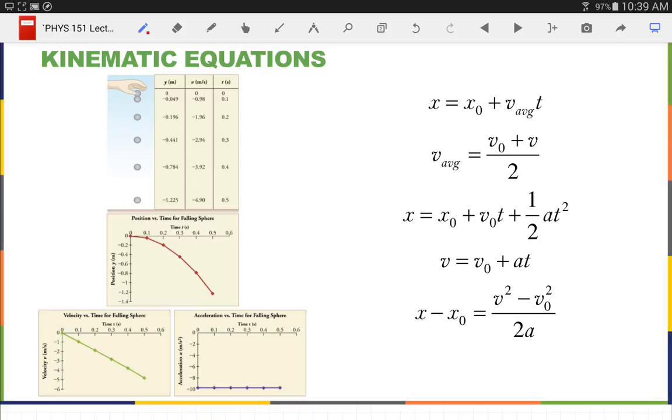So let us start with the simplest one on this list, the average. If I have a nickel in one hand and a dime in the other, how do I find the average of the 2 coins? Add them together and divide by 2. So that's all that is. That's not really a kinematic equation.